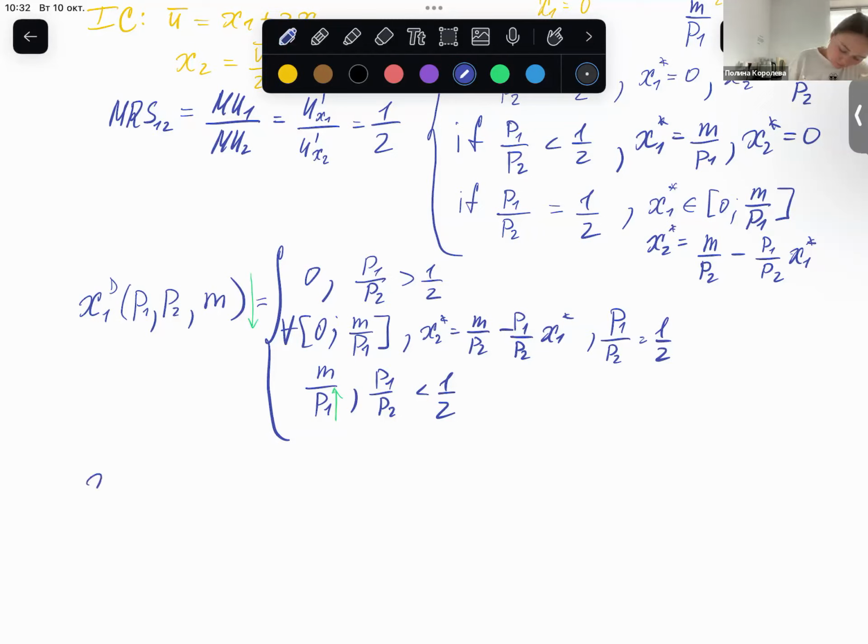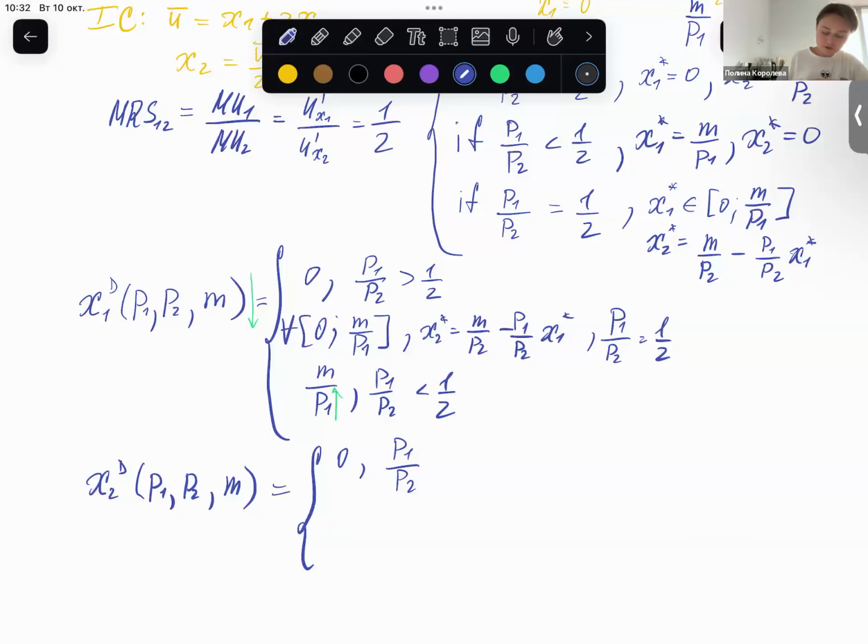And let's write down the demand for the second good. It depends on the price vector and m. It will be 0, vice versa, when the price ratio is less than the marginal rate of substitution at this point.